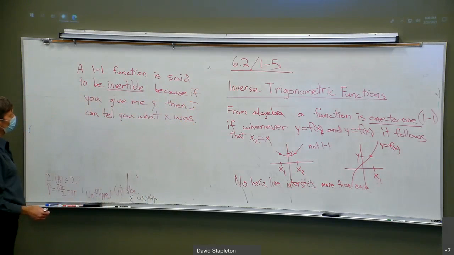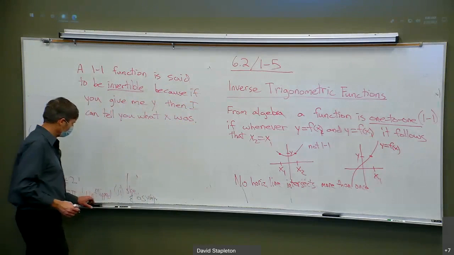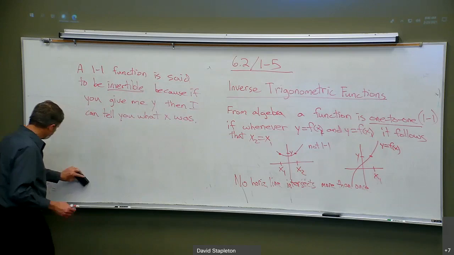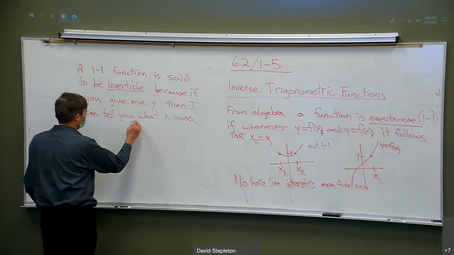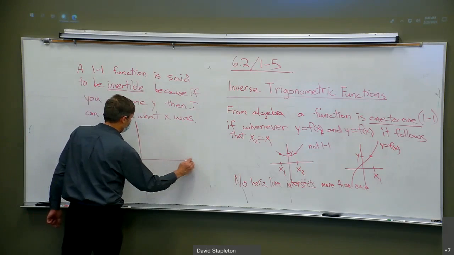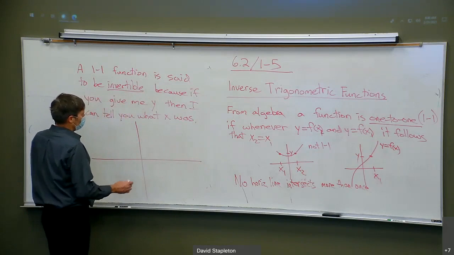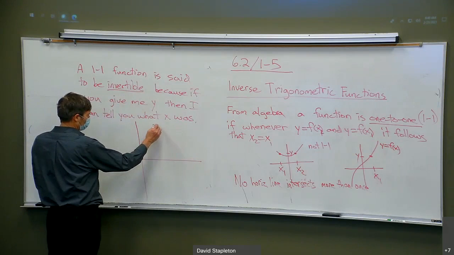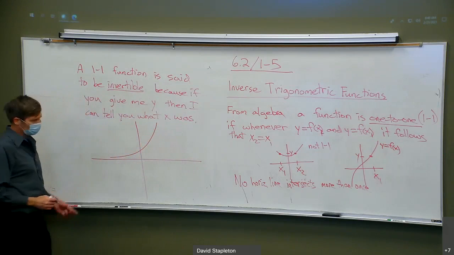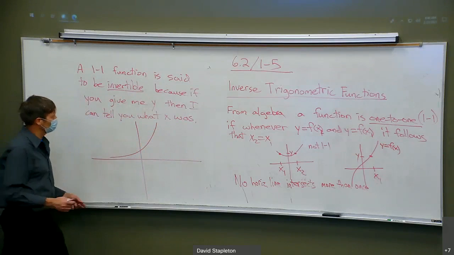Now, how can we do it? It actually works like this. Here is a 1-to-1 function, let's say. How do I know that's 1-to-1? Because no horizontal line intersects more than once, right?